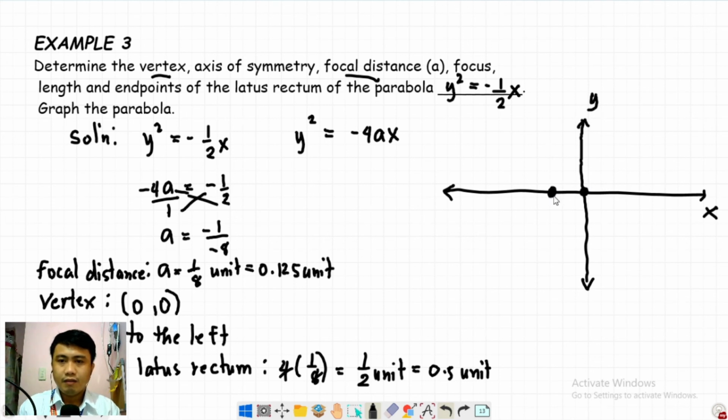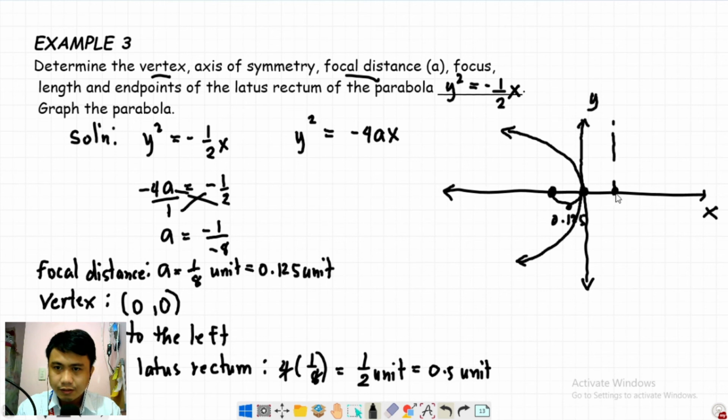How many units from the vertex? 0.125. Parabola. Okay, our next problem is, of course, I'll also put here our directrix, and of course, our axis of symmetry.